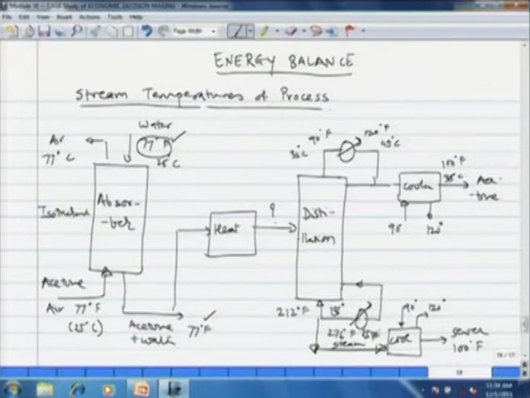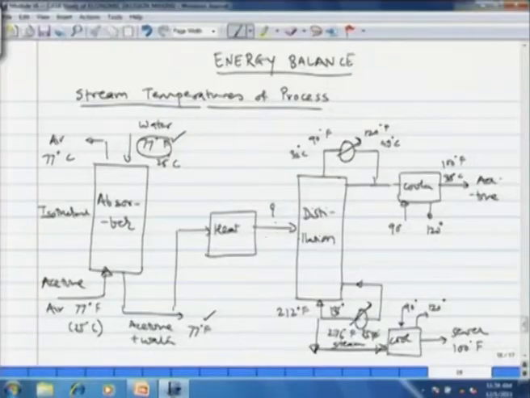Now, we have a mixture of 1943 moles of water with only, let us say, 10.2 moles of acetone. So, the bubble point of this particular mixture is going to be very close to the boiling point of water. So, we essentially assume the exit temperature of the stream from the heater to be 212 degrees Fahrenheit or 100 degrees centigrade.